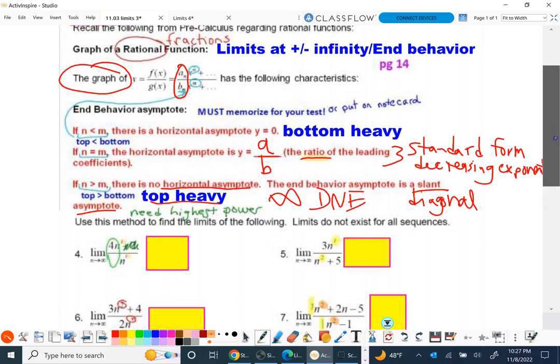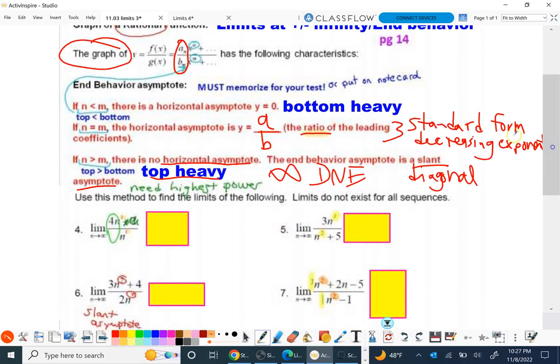So let's look at these examples before you do your turn. In number 4, one thing we're always looking for is down here. We're always approaching infinity. When we're approaching infinity, that is our end behavior asymptotes. In the first one, I've got 4n to the first power, because there is no exponent there. When there's no exponent, it's 1.